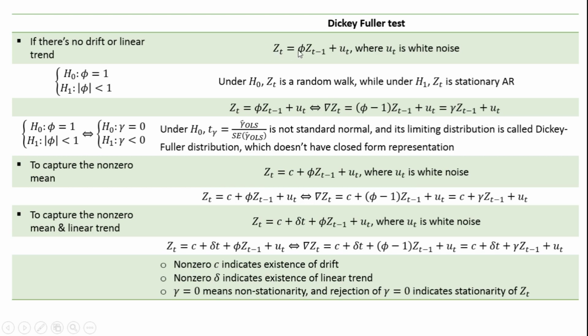So zt is equal to phi zt minus 1 plus another error term, which is a white noise.